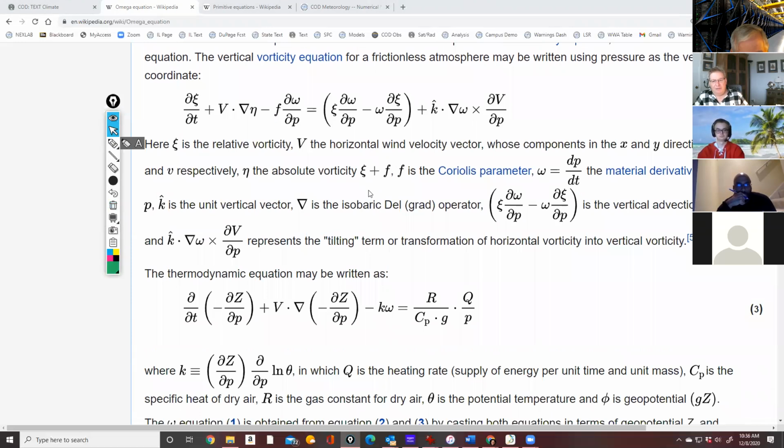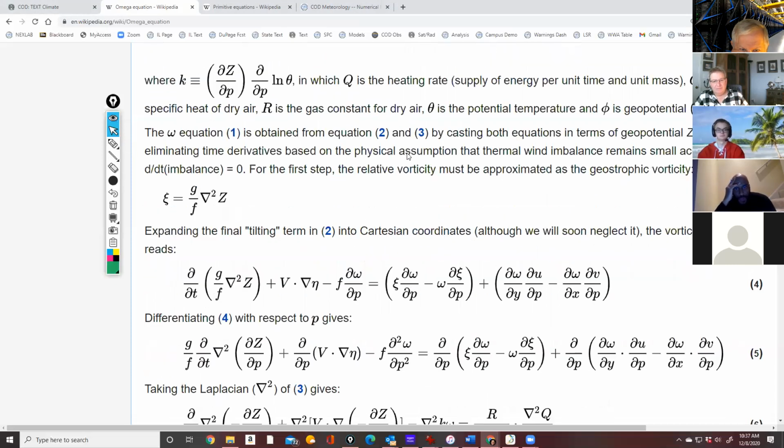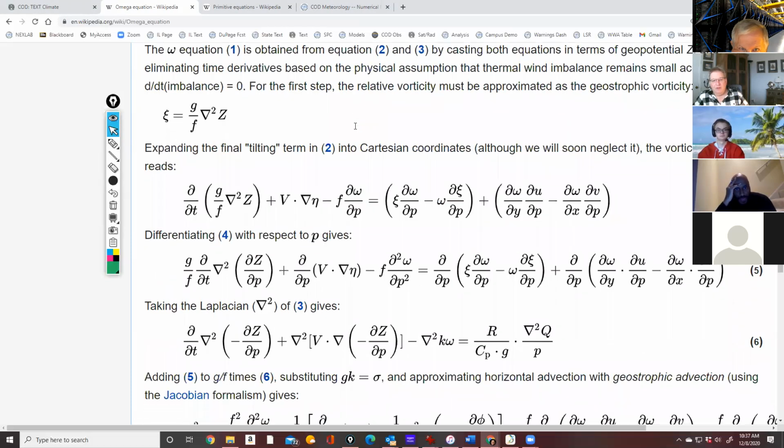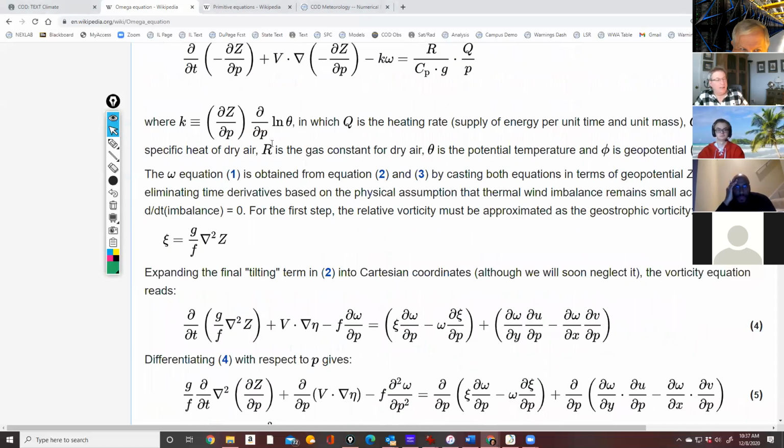And then they do a derivation. And there's all sorts of funky stuff in here. Absolute vorticity, right? You could go through here and look at this. The thermodynamic energy equation written as kappa. Kappa is the relationship of CP over R. And then we do all this stuff. This is a lot of mathematics.